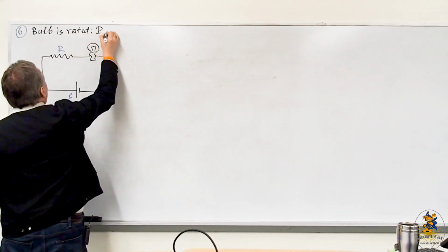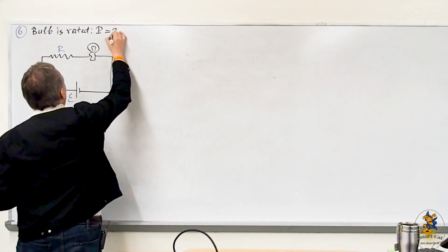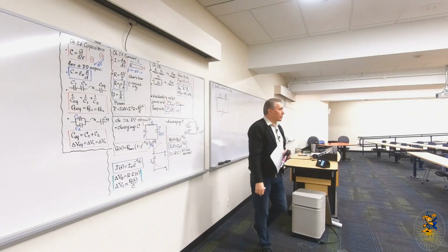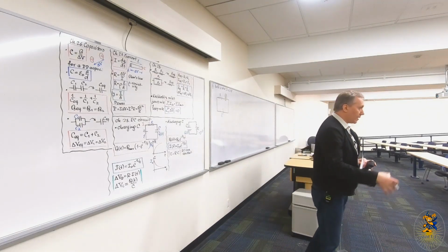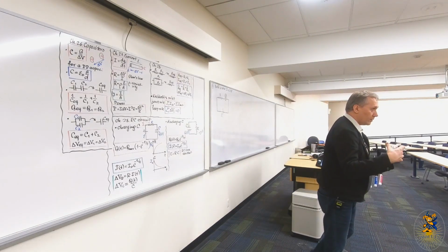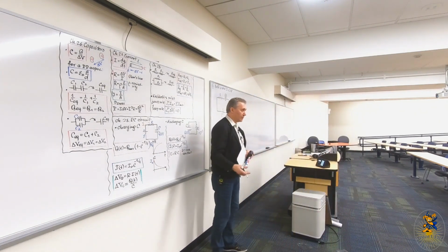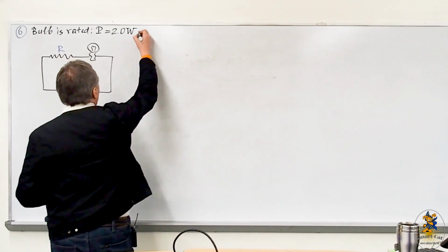So power is 2 watts. And remember what else is given? The company which builds bulbs assumes that you apply a certain potential difference across that bulb. So it's 2 watts when the potential difference ΔV_B equals 3 volts.